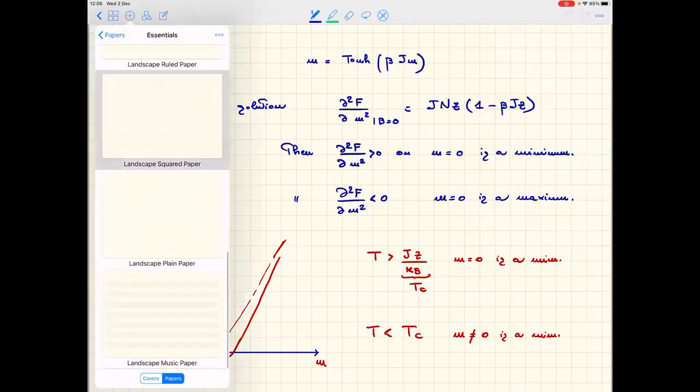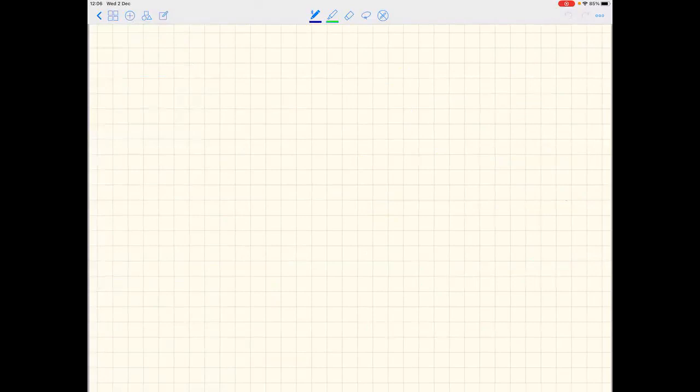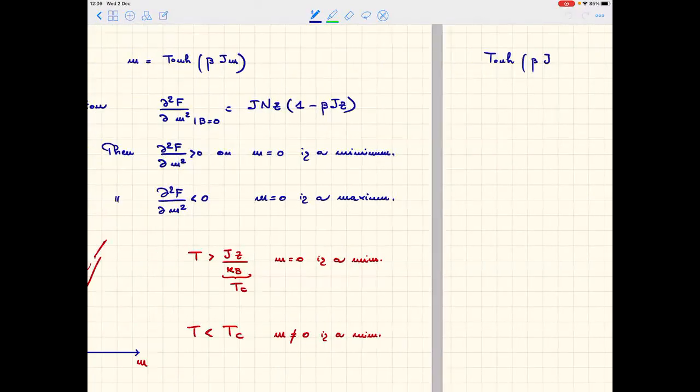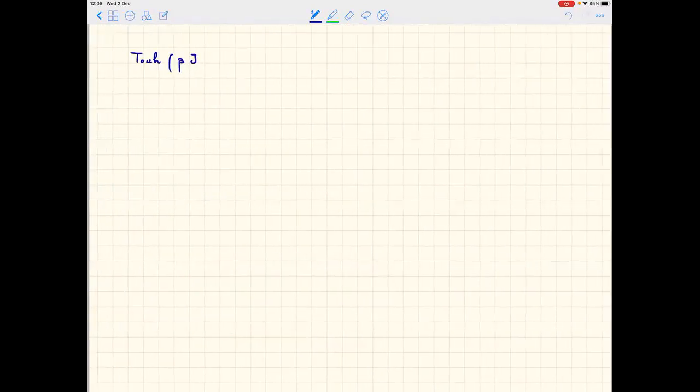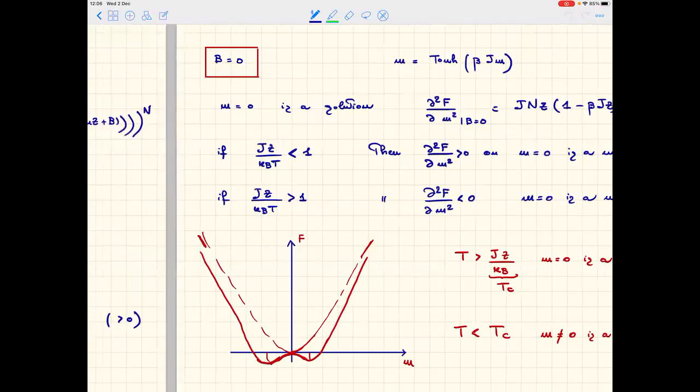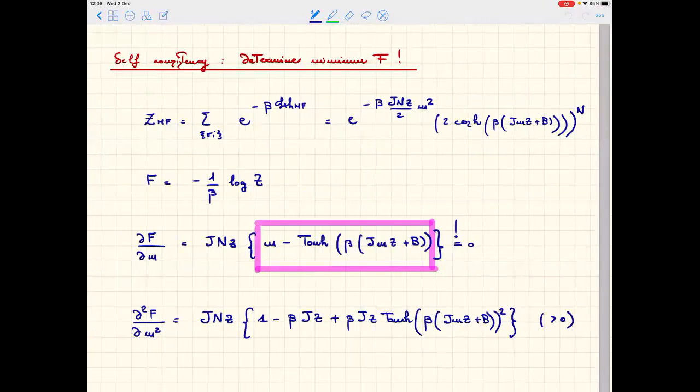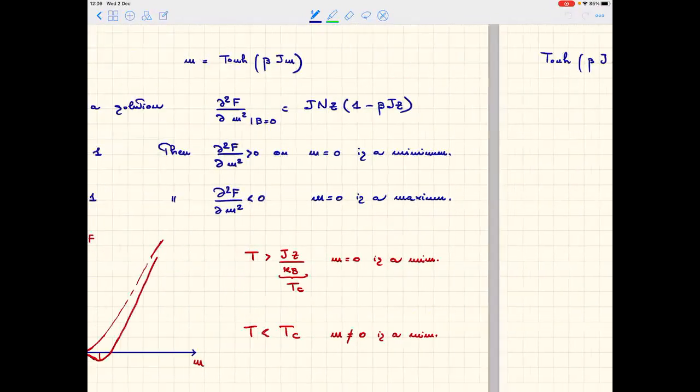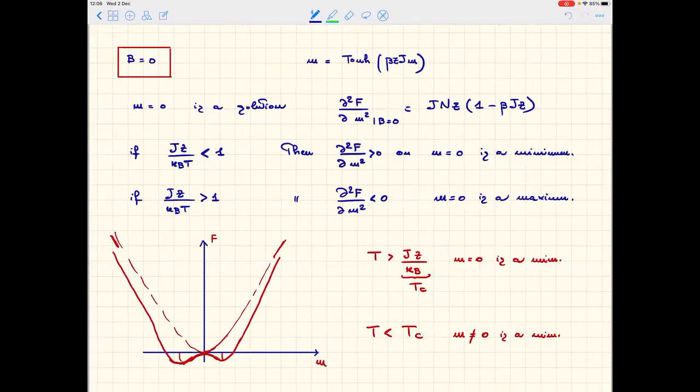Just a second. So, tangent hyperbolic of beta J m. There is a z somewhere. Just a second. Beta J z m.